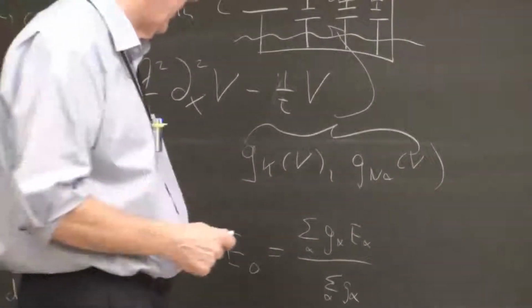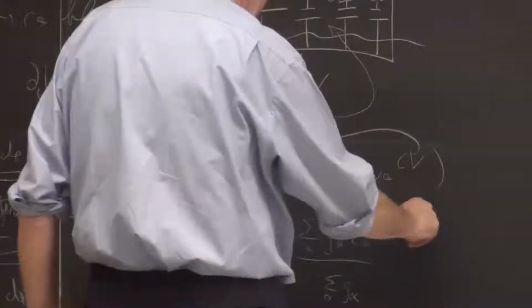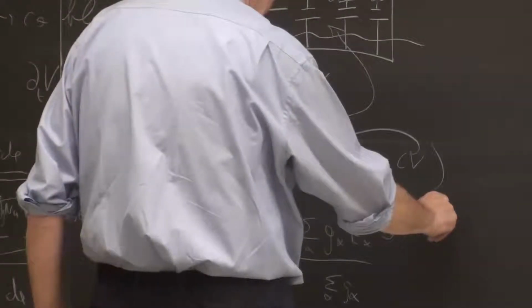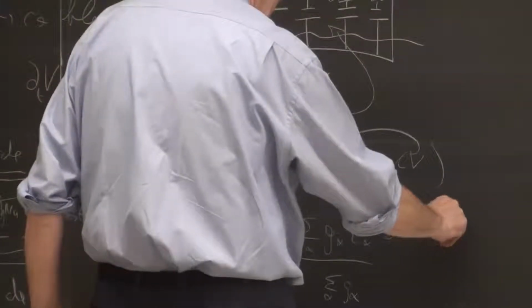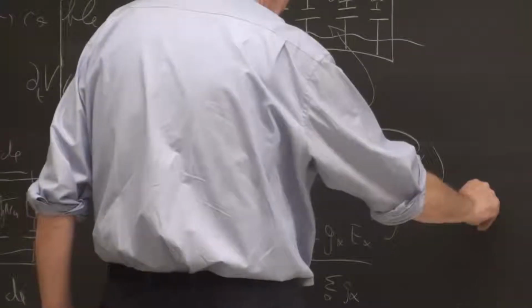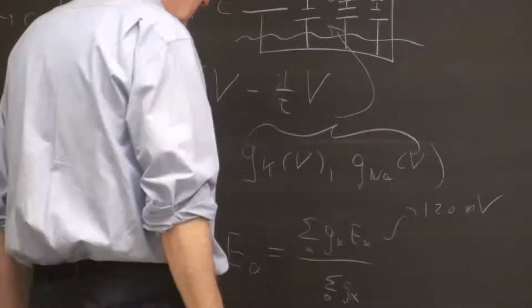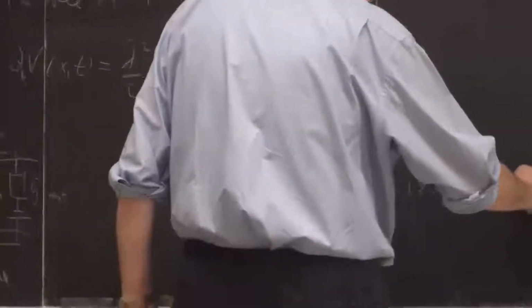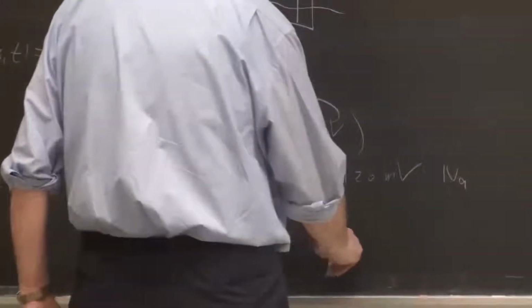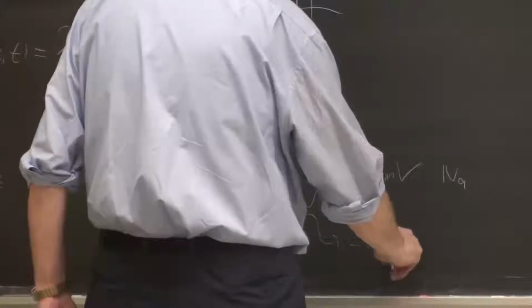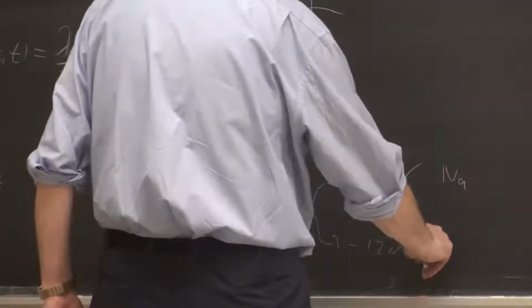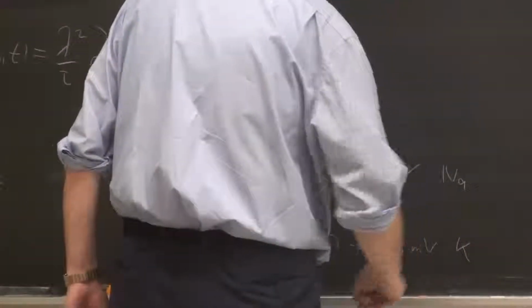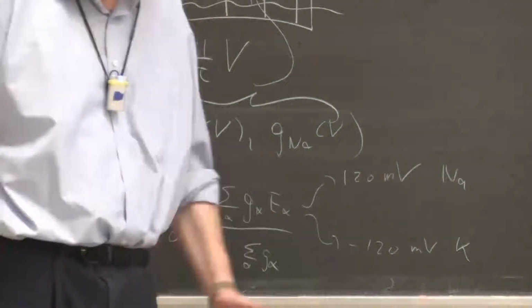And we had an E alpha value of sodium that was, I forgot which one is 115 and which 120, but it's sort of plus 120 millivolts for sodium, and it is minus 120 millivolts for potassium relative to the resting potential.